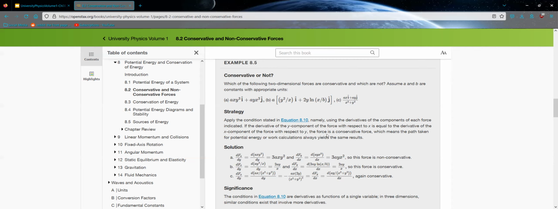I can take that exact same example and go over part B, where it's a multiplied by the quantity y squared over x i hat plus 2y natural log of x over b j hat. When I differentiate these things according to x and y, I end up getting, in fact, similar results.